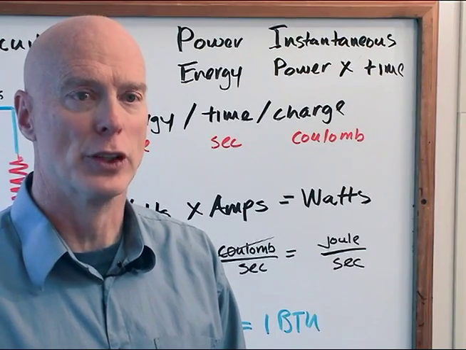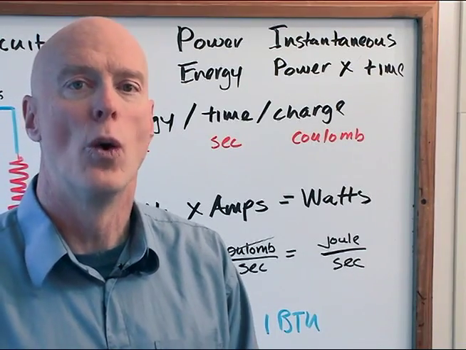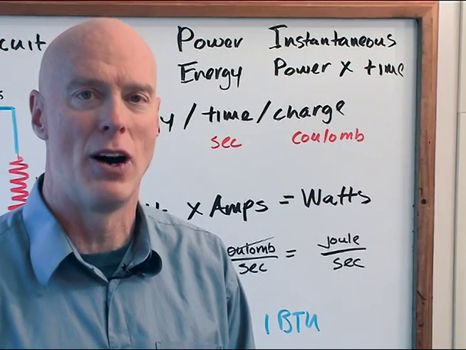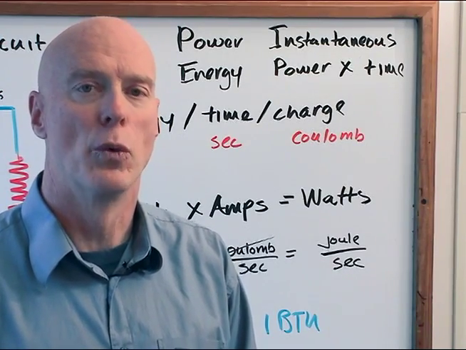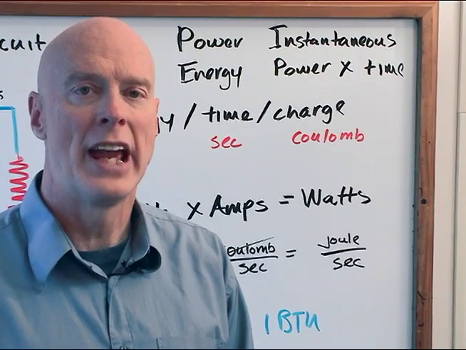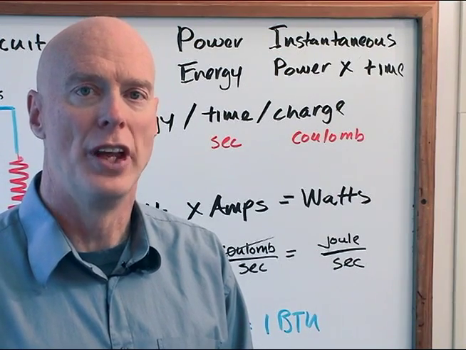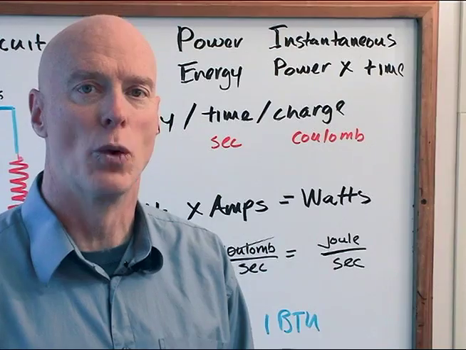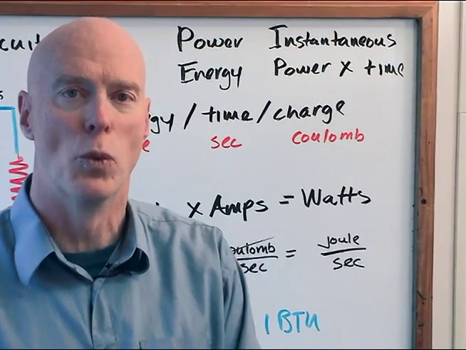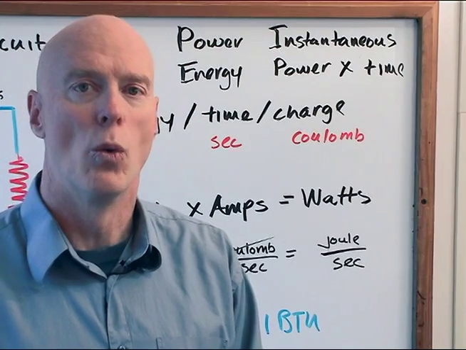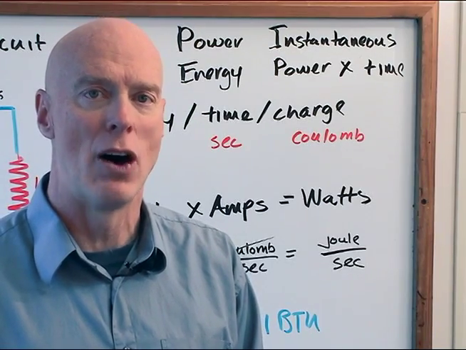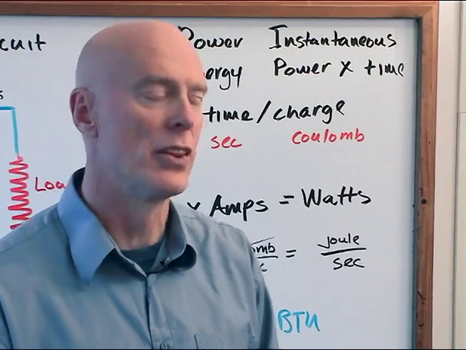We could say that the load was drawing 120 watts of power because there was 1 amp of electrical flow going through the load at 120 volts. So 120 volts times 1 amp would be 120 watts of power being drawn by the load.